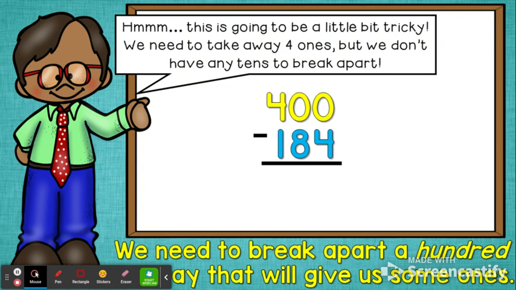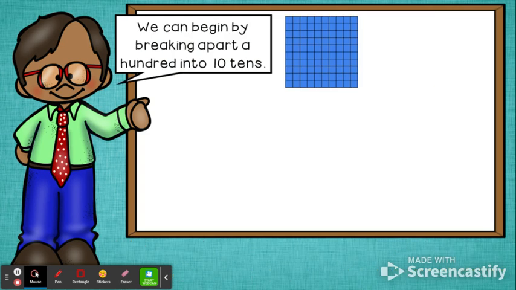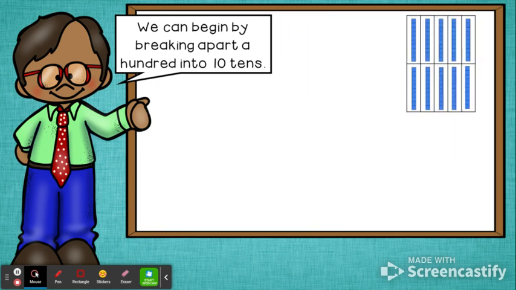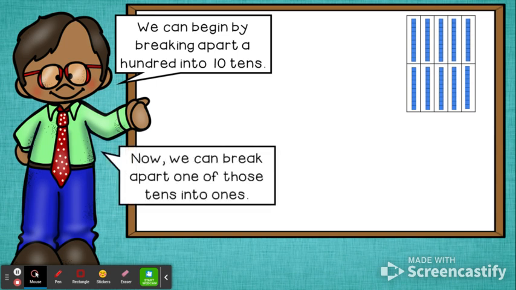We need to break apart 100. That way, it'll give us some ones. We can begin by breaking apart 100 into 10 tens. So I'm going to take one of the hundreds, break it apart, and now I have 10 tens. Now we can break apart one of those tens into ones.